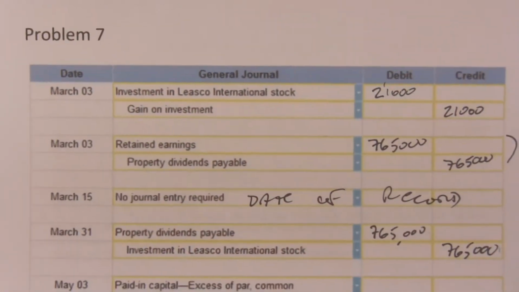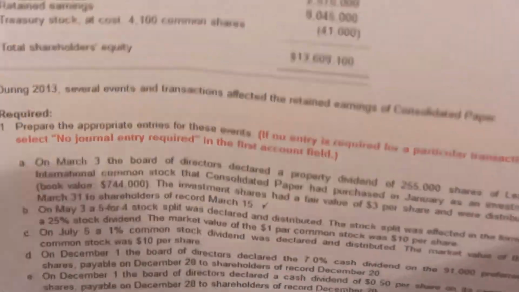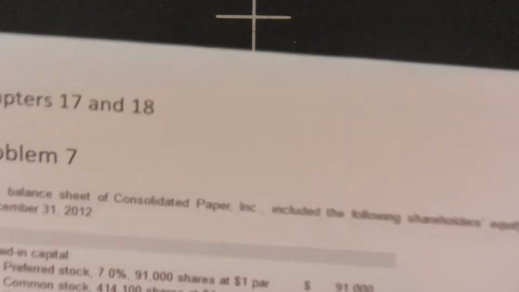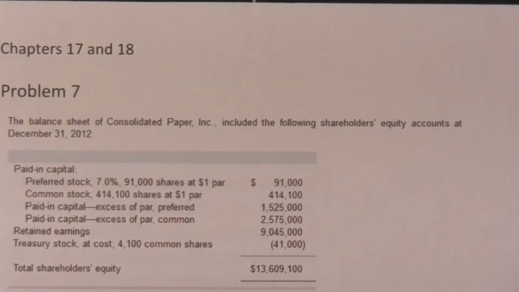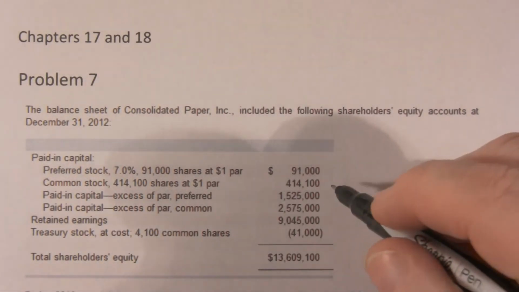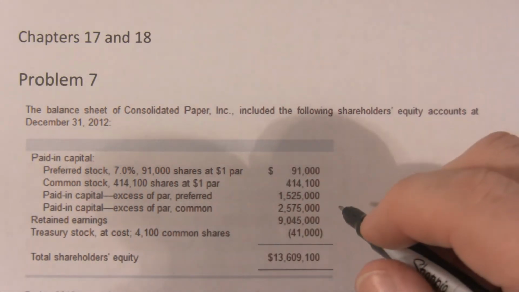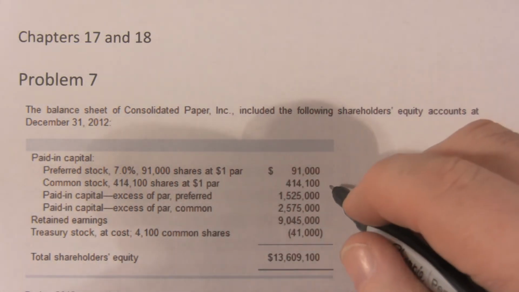So let's take a look. Altogether, if you look up at the top here, we had 414,000 shares at $1 par, but we have 4,100 shares in Treasury, so they're not outstanding.